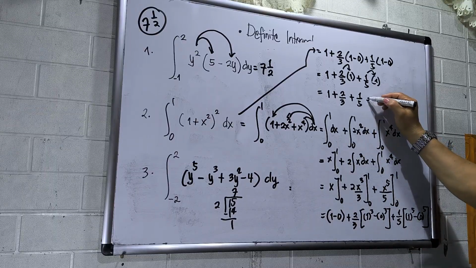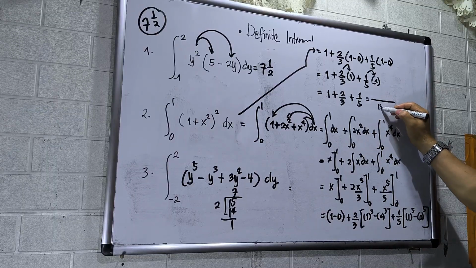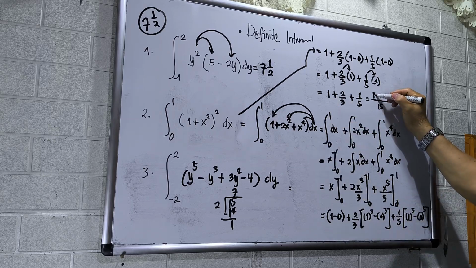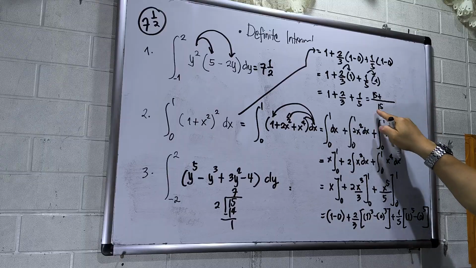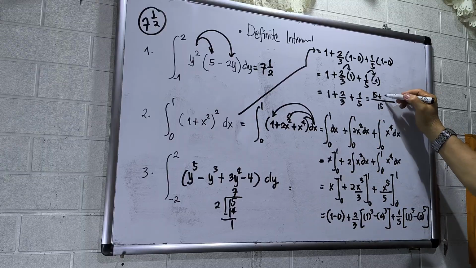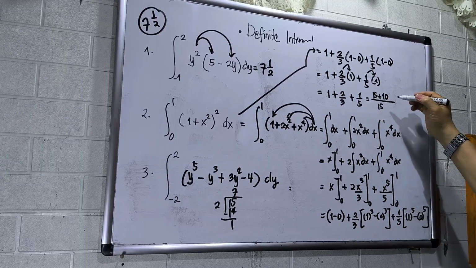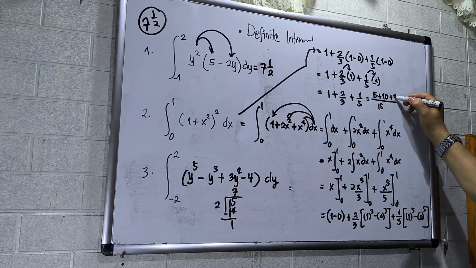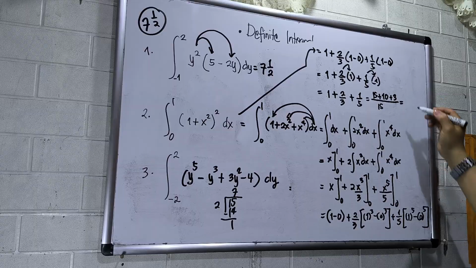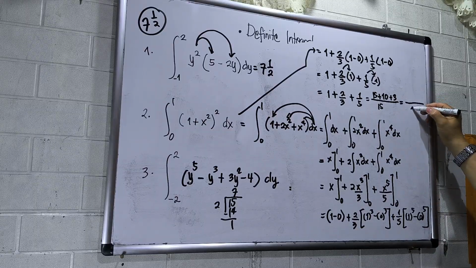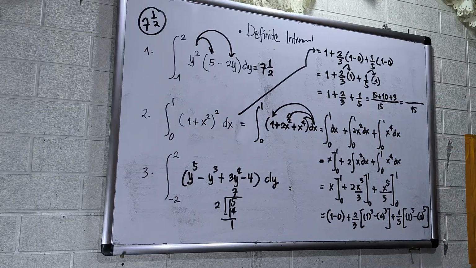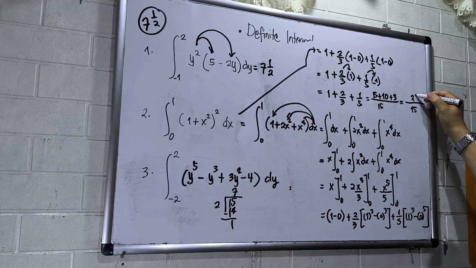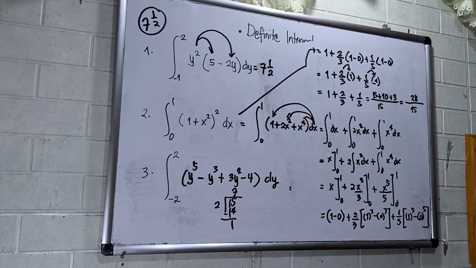The LCD is 15. 15 divided by 1, that is 15 times 1, 15. Plus 15 divided by 3, that is 5 times 2 is 10. Plus 15 divided by 5, that is 3 times 1 is 3. So this will be 15 plus 10, 25, plus 3, 28. So 28 divided by 15.